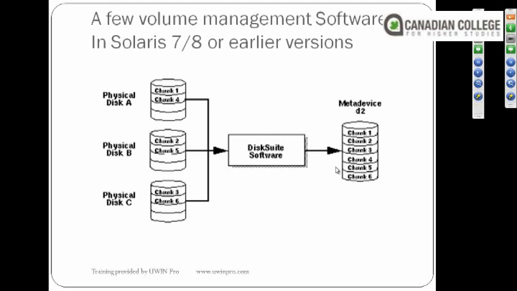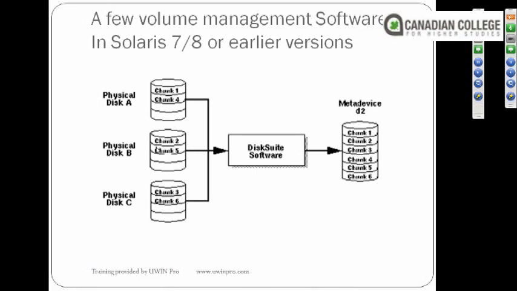How many slices can we take from physical disk A? Are we talking about sub disks? Sub disks we can create any amount.